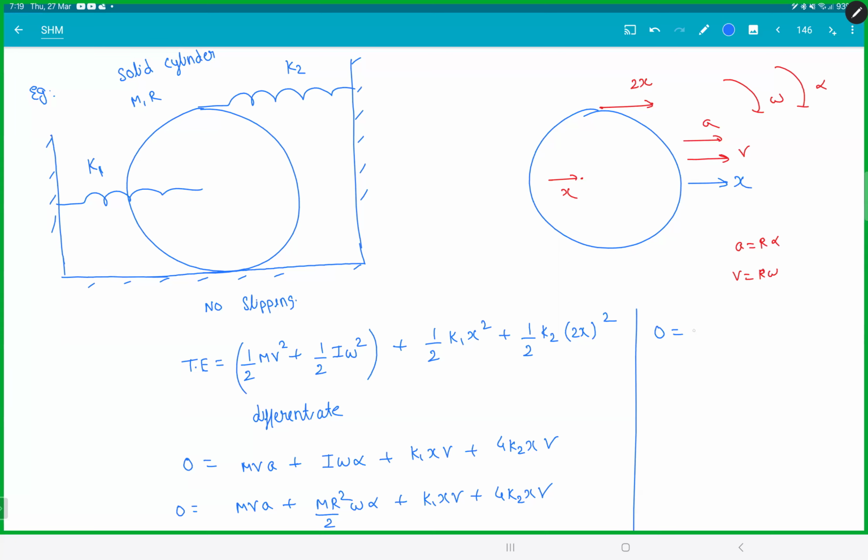Then you get 0 is equal to mva plus mva by 2 plus k1 x v plus 4 k2 x v. V goes off everywhere. We get 3ma by 2 is equal to minus (k1 plus 4k2) x. There you have the answer: a is minus 2 by 3m times (k1 plus 4k2) x. This is a way to do it.